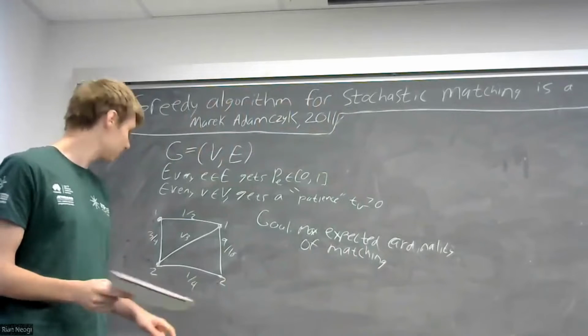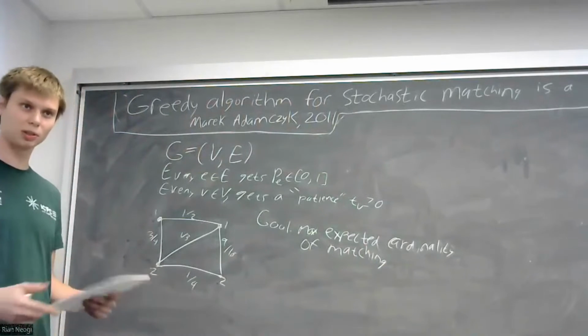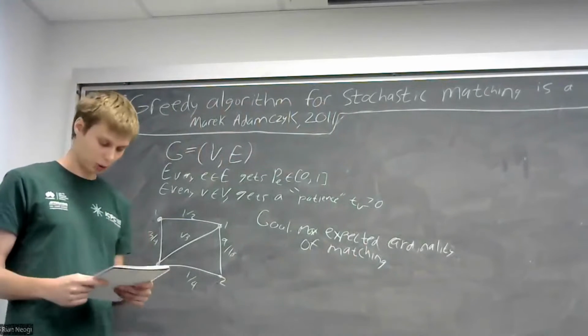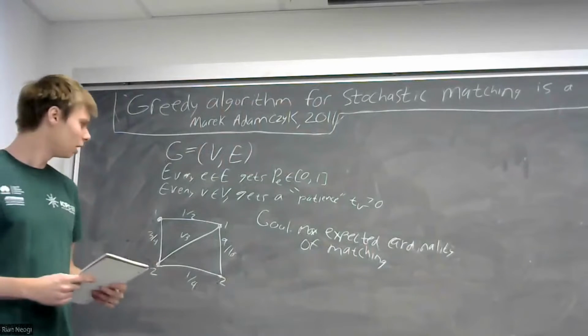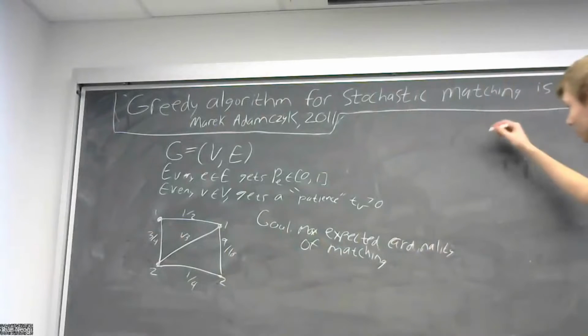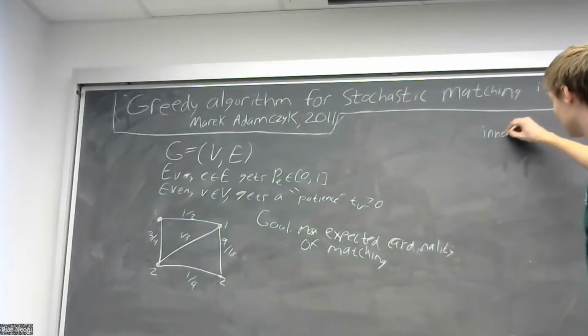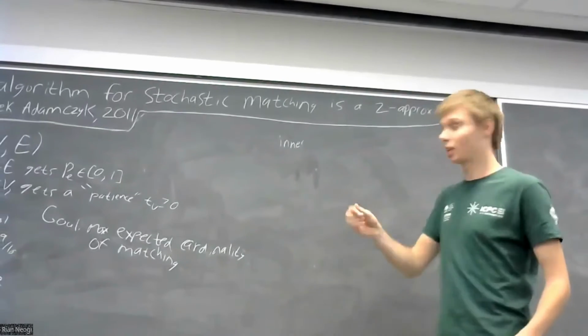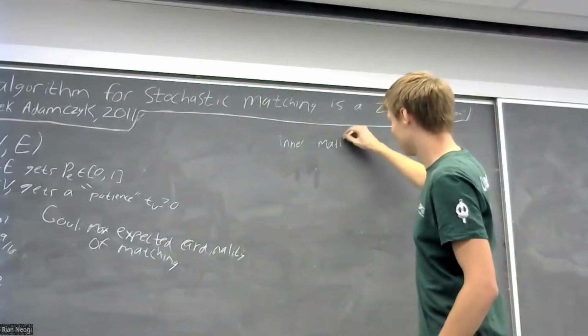Right. So this is a special case of something we saw a few weeks ago. There was a paper presented, a probing problem. This is exactly a probing problem. It has an inner constraint and an outer constraint. So the inner constraint is for edges that we actually select. So the inner constraint is just matching.